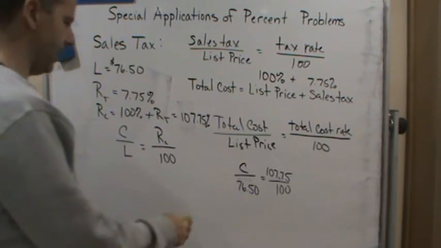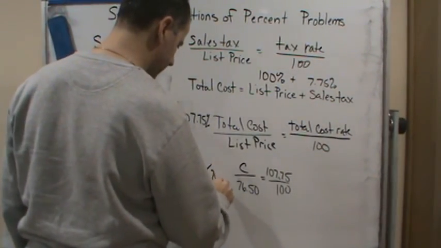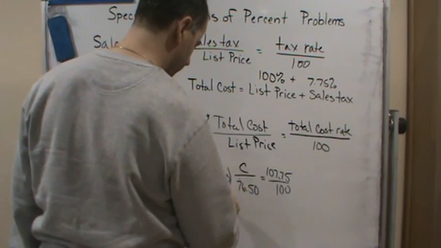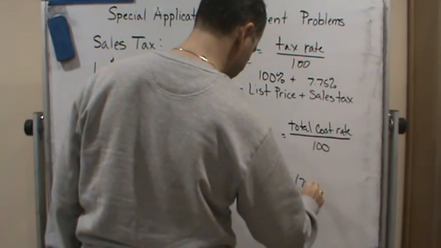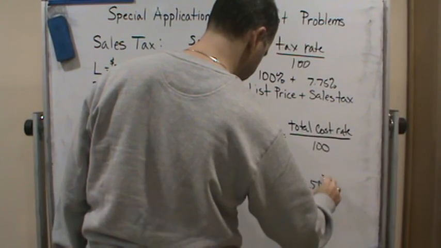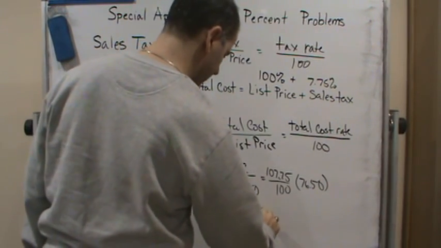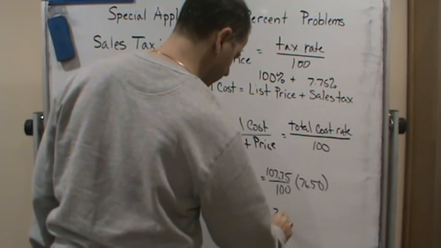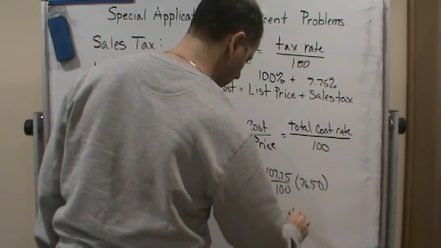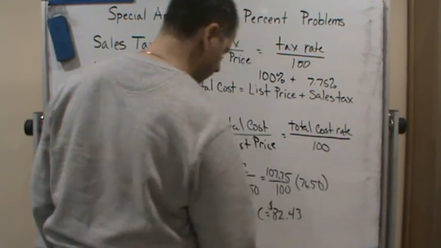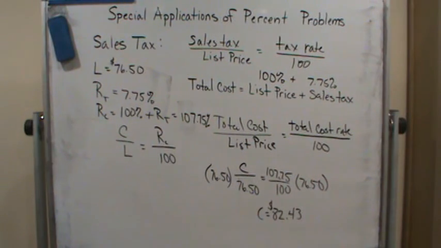And so now again, I multiply both sides by 76.50, and I'm going to get the same thing. C equals 82.43. Okay. You can always check your answers.